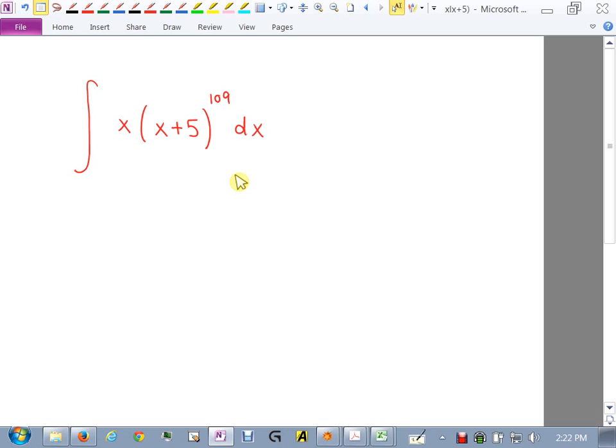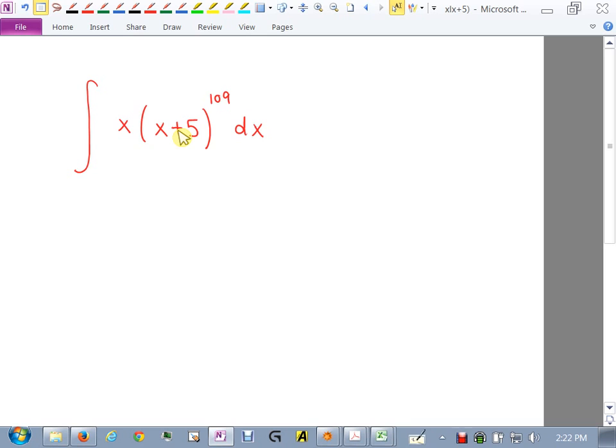Is this just a power rule? It's not, because this thing is raised to the 109th power, right? You cannot just raise it to the 110, add a power up there and divide by 110, 1 over 110. You can't, because this right here is not just x, it's x plus 5.